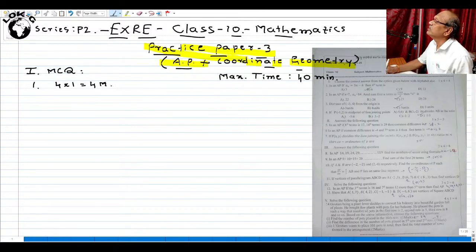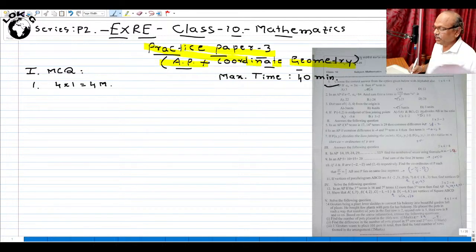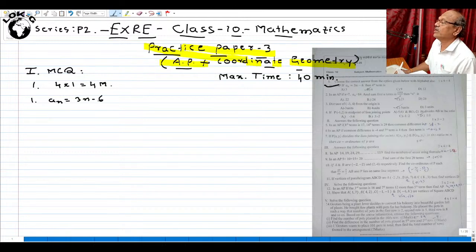First question. In an AP, a_n is equal to 3n minus 6. What are you asked to find out? The fourth term. To get the fourth term, put n is equal to 4.